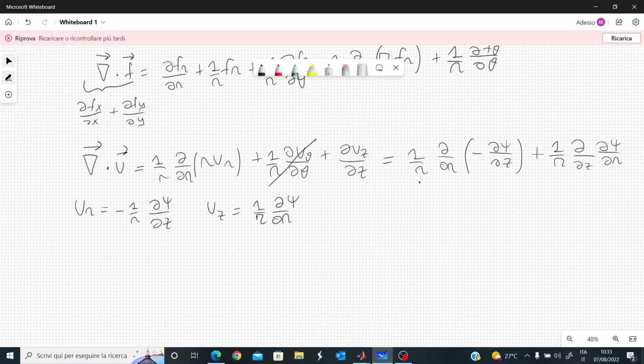But you can see that this quantity here is 0, because we can also change the order between these derivatives, and this minus sign with this plus sign will give me a 0. Easy to see. Therefore, the divergence equation is satisfied. The divergence of u is equal to 0.